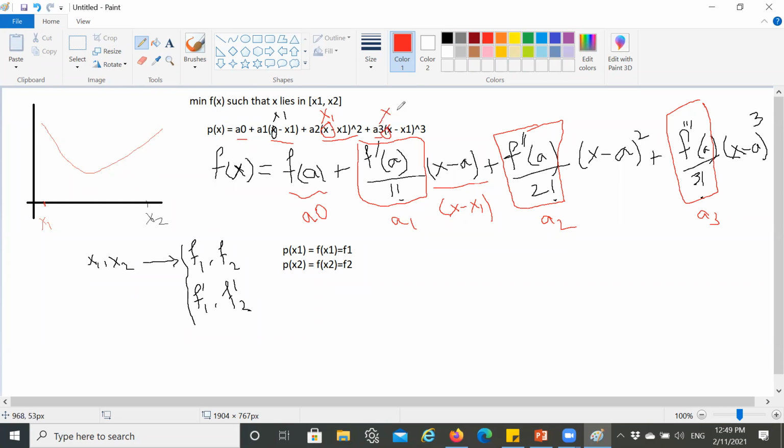And as you said, the other terms would become 0, 0, 0. So f of x1 would be equal to a0. Therefore, this first equation would be P of x1 is equal to f of x1, which is equal to a naught. So I have one equation, and I know that a naught is equal to the functional value at the point x1. Clear?